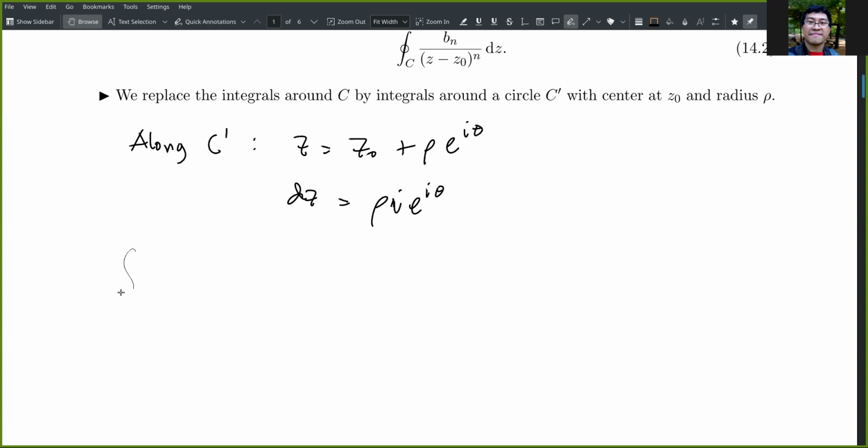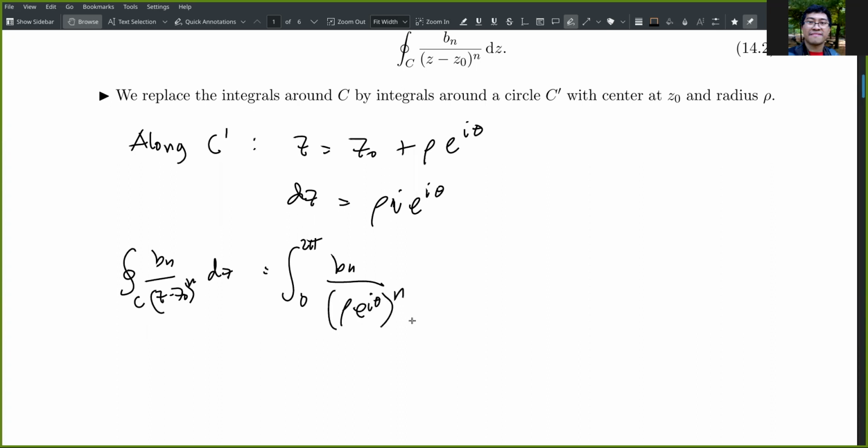So our integral along C of b_n over (z minus z0)^n dz. Our C is now replaced by C prime, a circle, so the integral is from 0 to 2 pi as we vary theta. So that's b_n, and the denominator is z minus z0, so that's (rho e^(i theta))^n. dz is rho i e^(i theta) d theta.